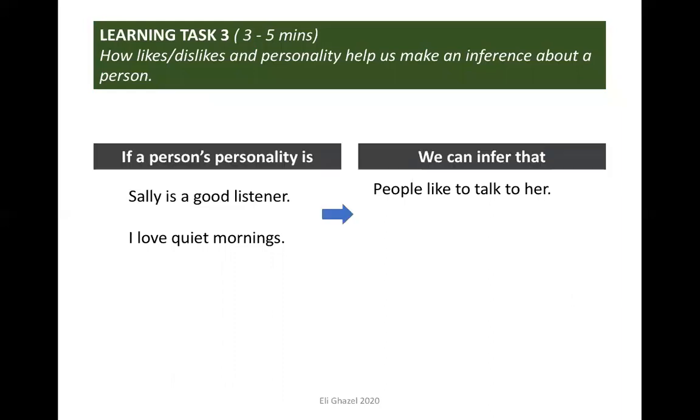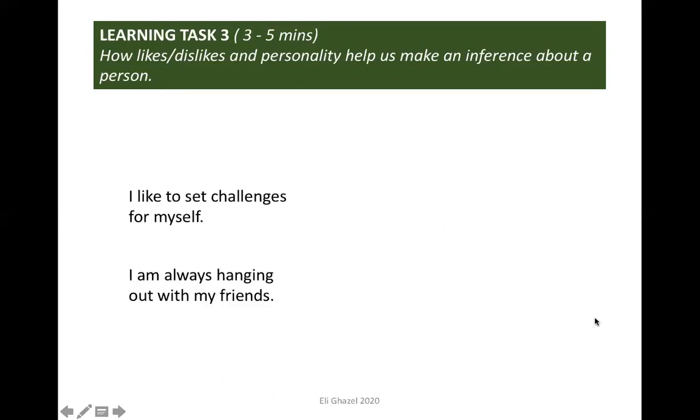Then we can infer that if this person loves quiet mornings, this person probably does not live in a crowded city. So let's look at them. If the person's personality is this, we can infer this. Got it? All right. Now, let's look at it again.